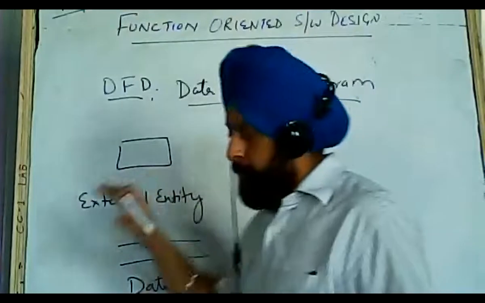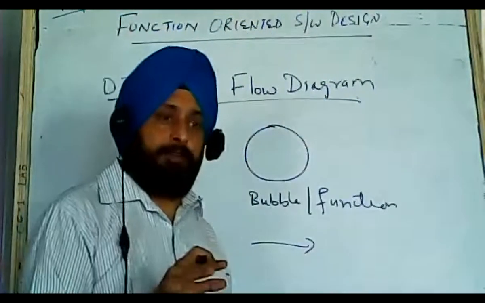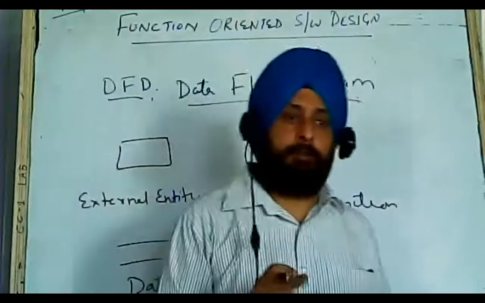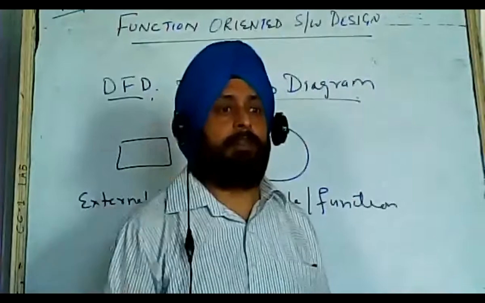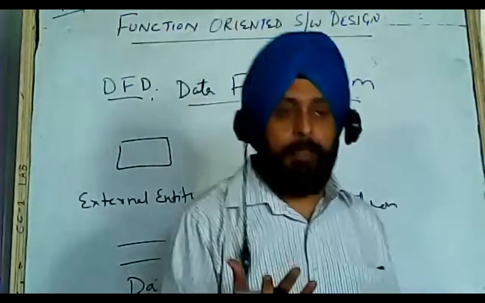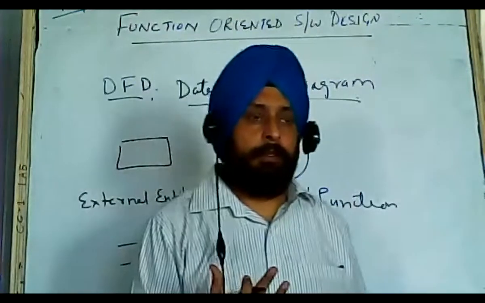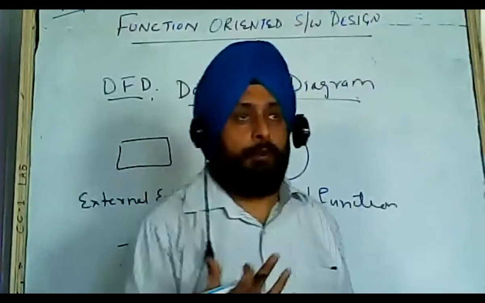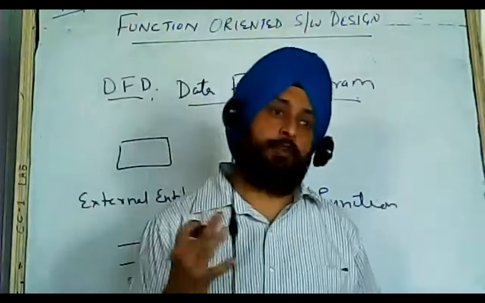So this is the external entity. External entity means every system or every product has to have an interface with some external entity. It is being used by some entities. What is an entity? You know it. You have done it in databases also. An entity is anything, like a class or an object in a programming language.